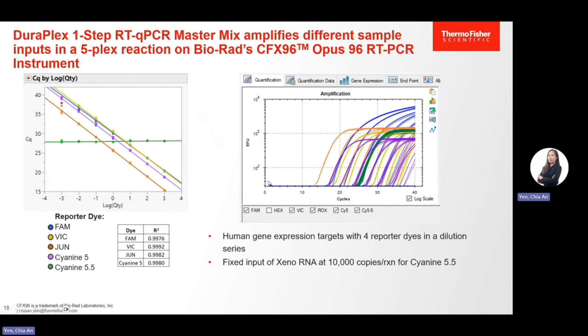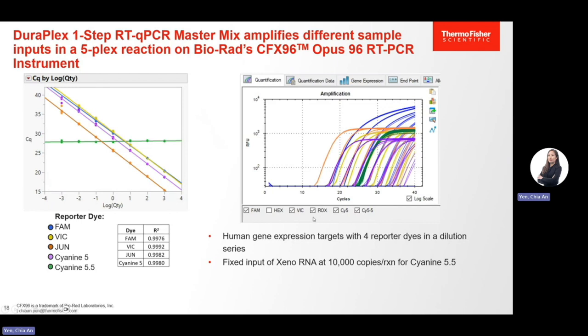And then on the right here, we have the amplification curve for the same 5-plex reaction. We want to show that we ran this with a supplier real-time instrument as an exercise where we check the dye compatibility first with this instrument. So here we use FAM, VIC, JUN, SUN 5 and SUN 5.5.